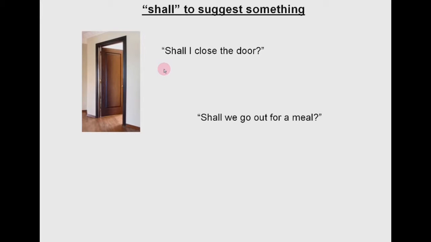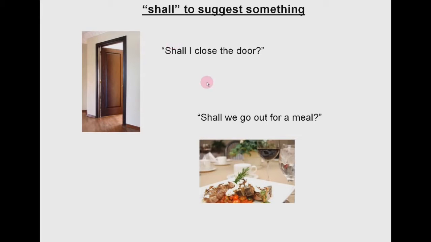It is a suggestion to go to a restaurant for a meal. So when we use the word shall in the question form, this is a suggestion. But remember, shall is only really used in British English. So this use doesn't really exist in American English. So that's quite important to remember.